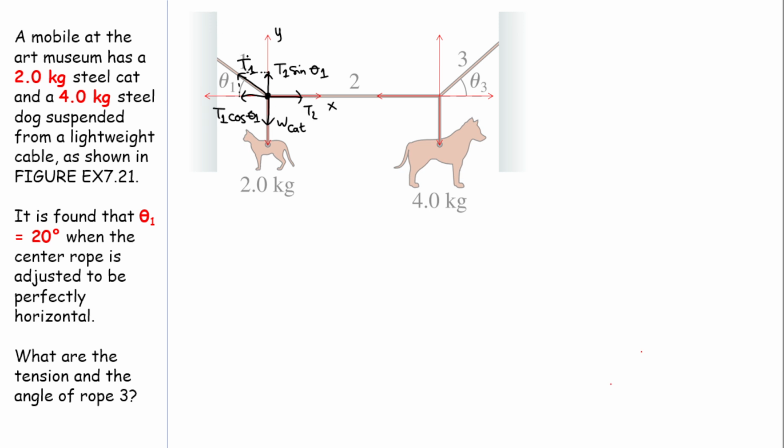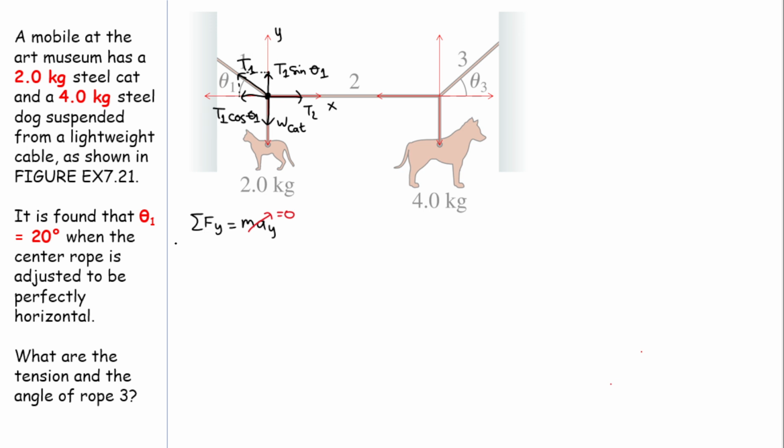Now let's do Newton's second law analysis. I will start from the y-axis because we have the numerical values of this cat. So I will have sigma F on the y-axis, and that will equal the mass times acceleration also on the y-axis, but they are stationary, they are not moving. So this is equal to 0, and the positive one is the one that is upward.